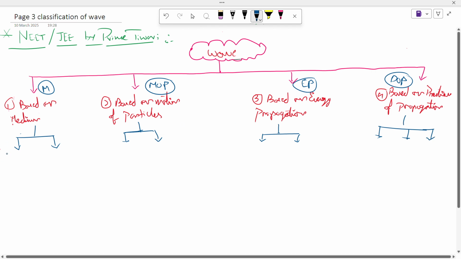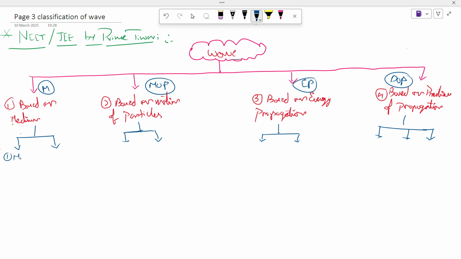Let us see based on medium. The first category is mechanical wave. The second one is EM wave, that is electromagnetic wave. The third one is longitudinal wave. The fourth one is transverse wave.